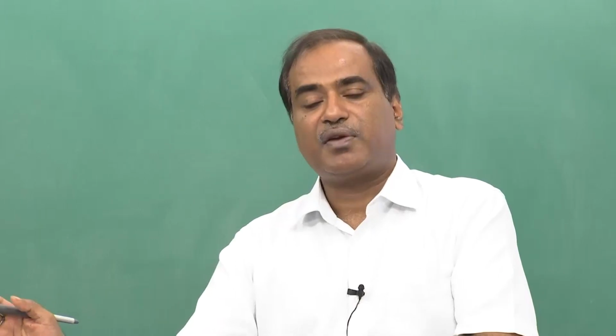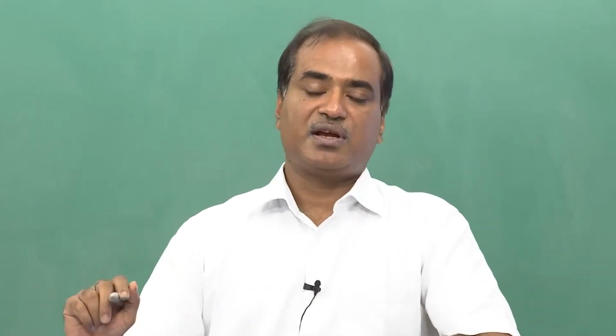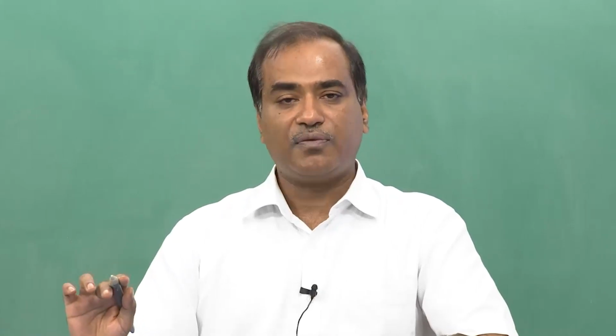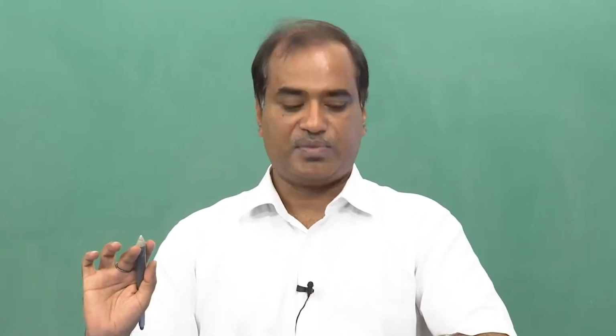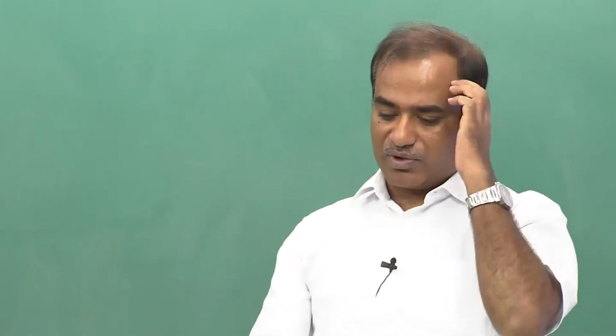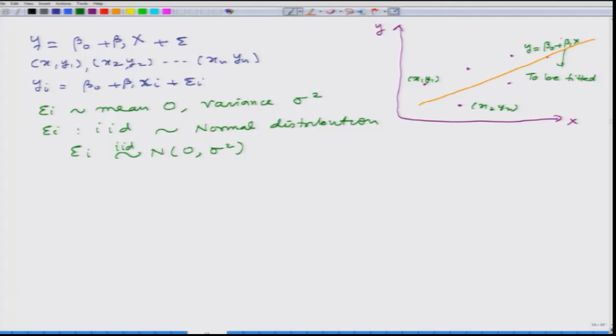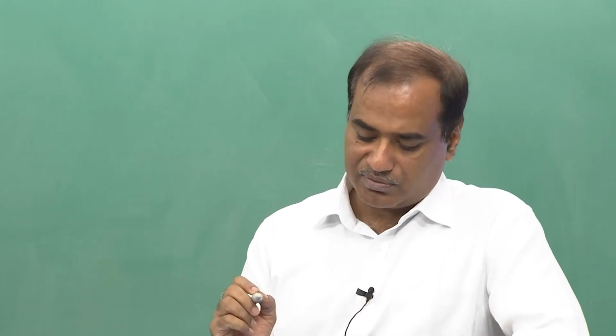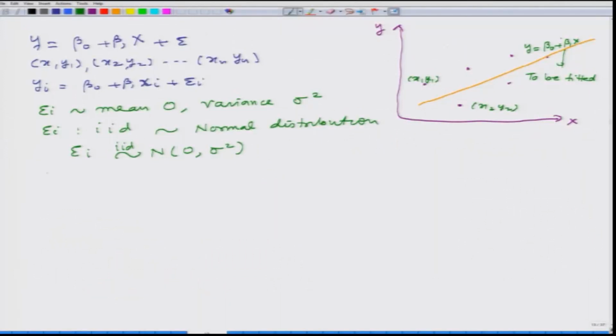And later on, when we are doing the maximum likelihood estimation, right from the first step, we will require the assumption of normality. So, you have to keep that in mind. I will try to explain as soon as I come to maximum likelihood estimation and ordinary least square estimation. So, under this setup, now we try to estimate the parameters.